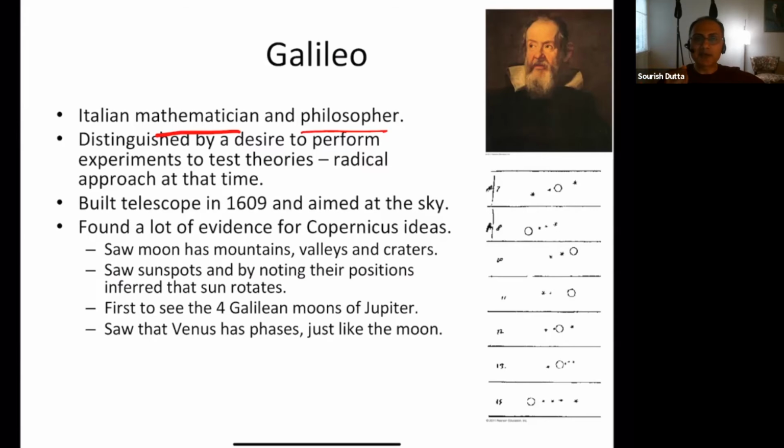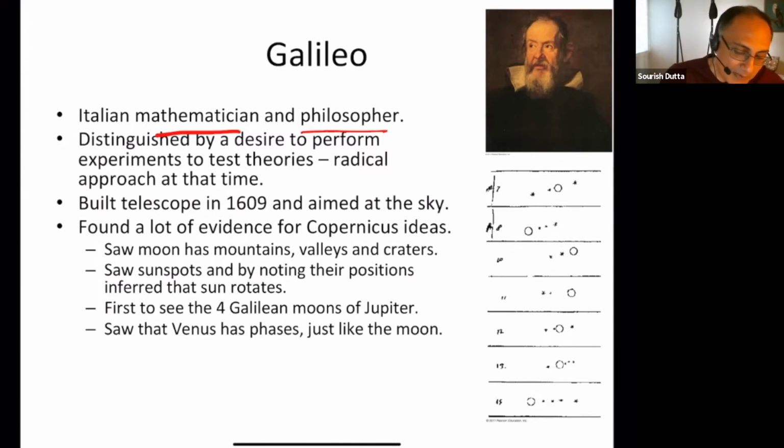And Galileo was probably the first person who believed that in order to really understand nature, the natural world, you have to use experiments to test your theories. And if your theories agree with experiment, only then you know that they're true. And if they don't agree with experiments, they're wrong, plain and simple. So Galileo somehow was born with that notion, and nobody else till him ever thought like that.